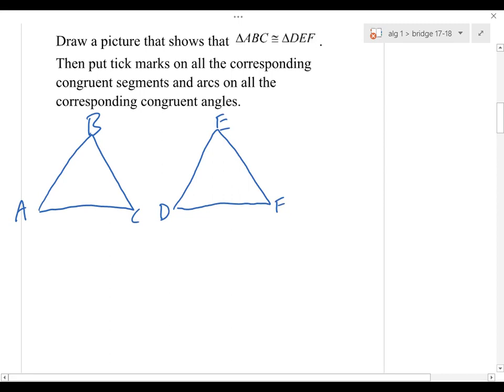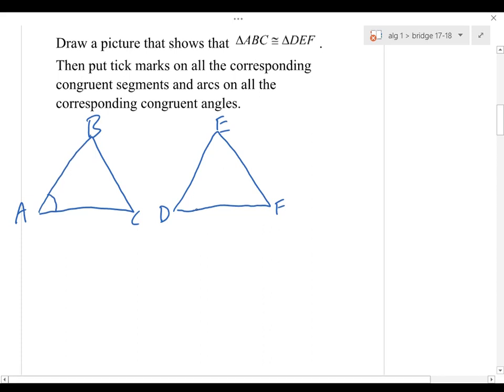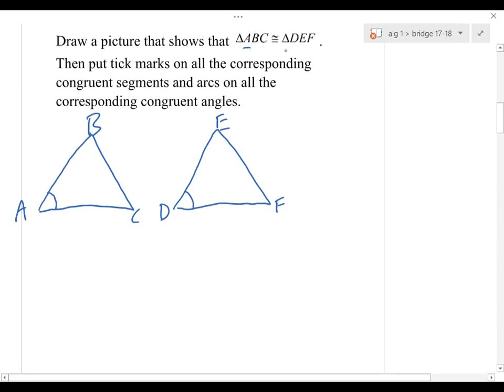And we can start just putting tick marks on each one. So I know that angle A corresponds with angle D. We can also see it up here in the notation.